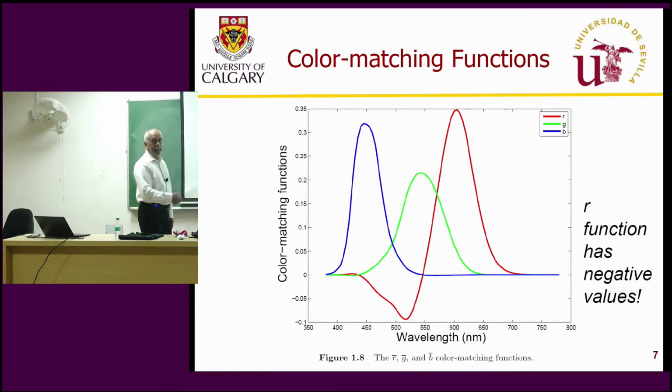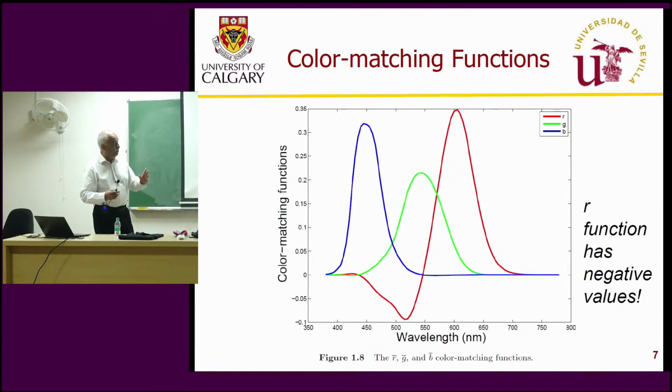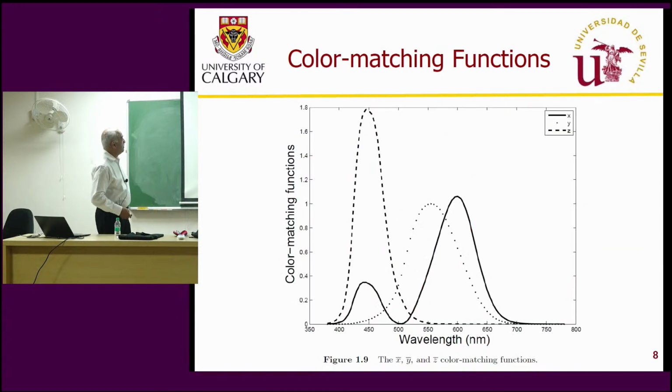So this is essentially the spectrum related to red, green, and blue, but these are what are called color matching functions. So when you take the projection of a given arbitrary color spectrum that has a combination of RGB, you project onto this, you get the blue component, and project to that green, project to that red, but then the red has been defined with some negative values. Of course, there is no negative light, but that function has been defined with negative values. And that has been changed in this to be all positive.